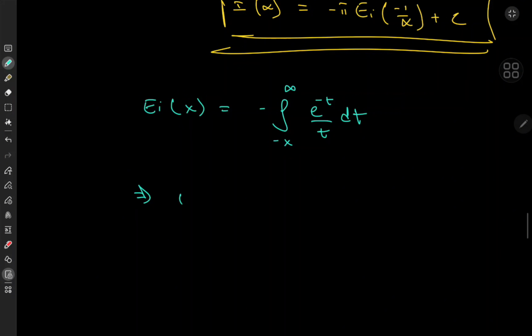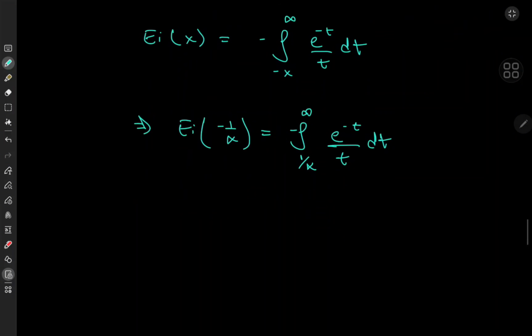So this implies that e sub I of negative 1 over alpha is equal to the integral from where to where exactly? Oh yeah, 1 over alpha to infinity. And we still have a negative sign, e to the minus t over t dt.